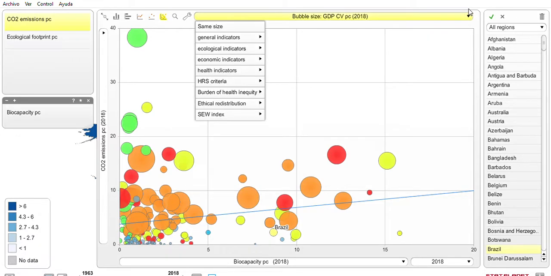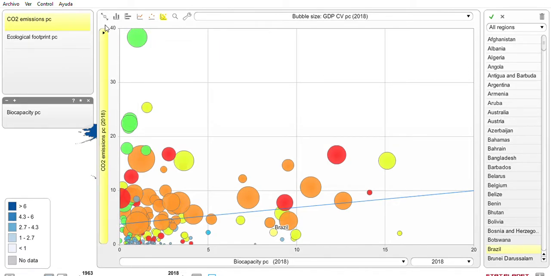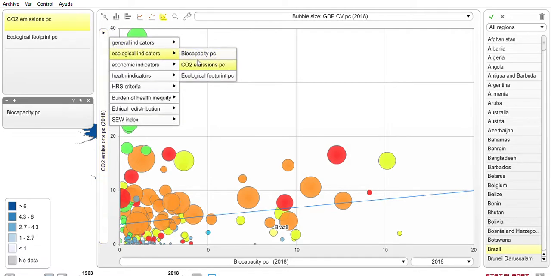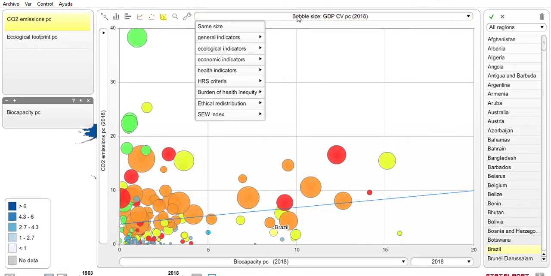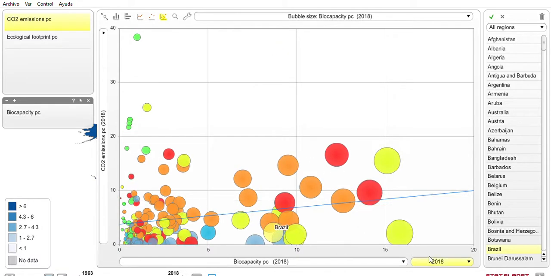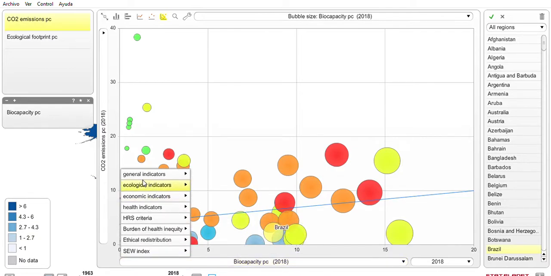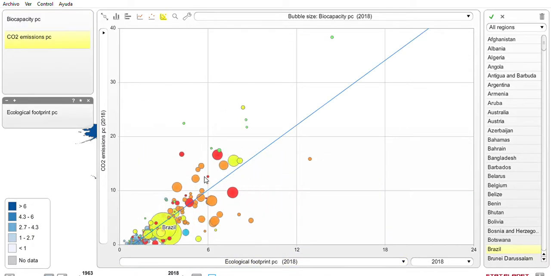We can see, for instance, if we plot the three of them, let's put biocapacity in the bubble size, and let's put carbon emissions and ecological footprint here. We know that the maximum ecological footprint to allow natural recycling capacity is now, in 2008, in the region of 1.6.